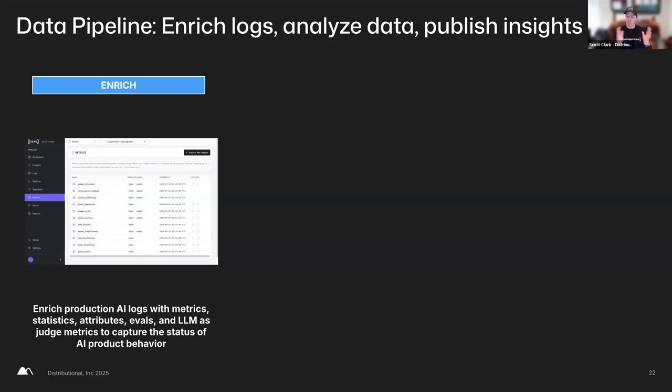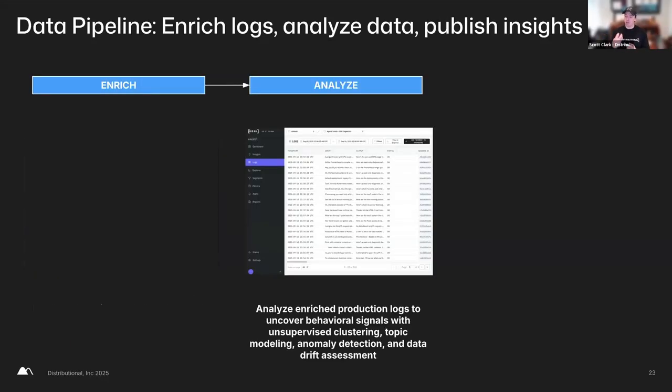And so I personally view that it's impossible to have one objective function that rules them all or one eval that rules them all, but having many of them can start to capture all of these different parts of that actual experience that you want. And you can project that onto this much denser space to find these behavioral pockets and segments. And that's what we do at the analysis step.